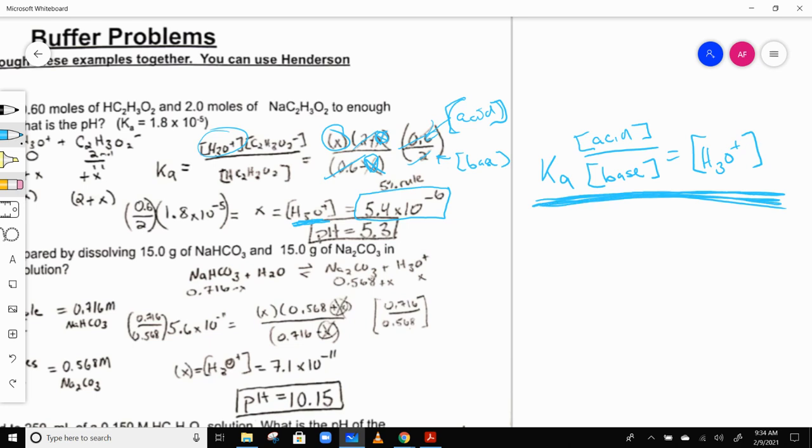The other one we can use is the Henderson-Hasselbalch equation, where we actually go all the way to pH. So pH equals pKa. Is it plus or minus? Oh, I just forget.